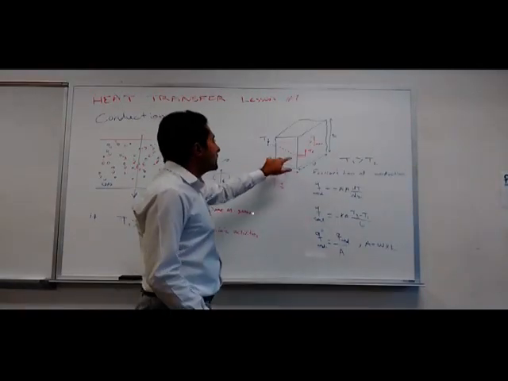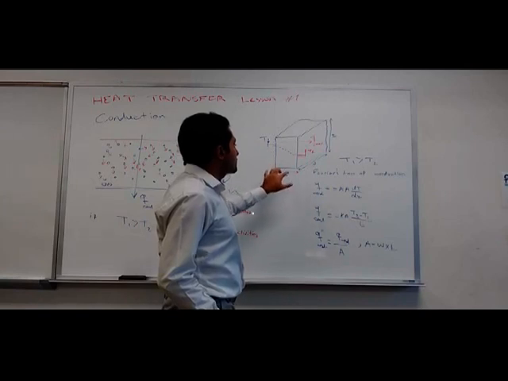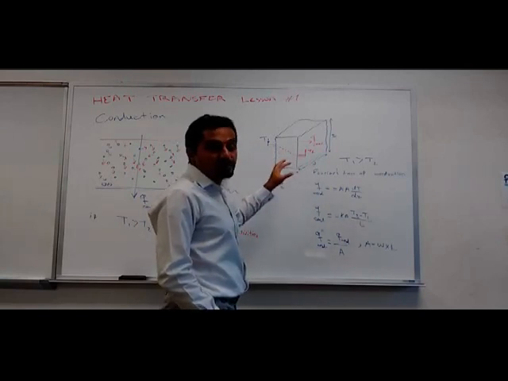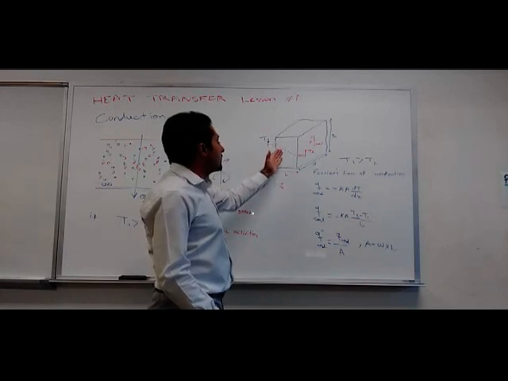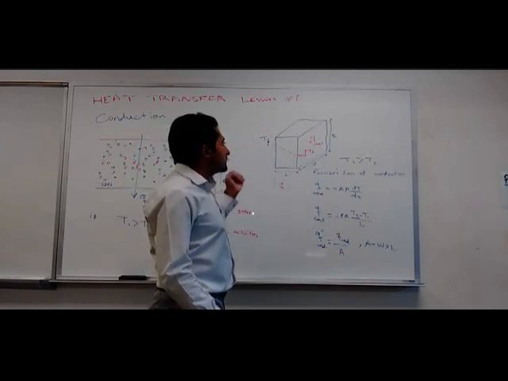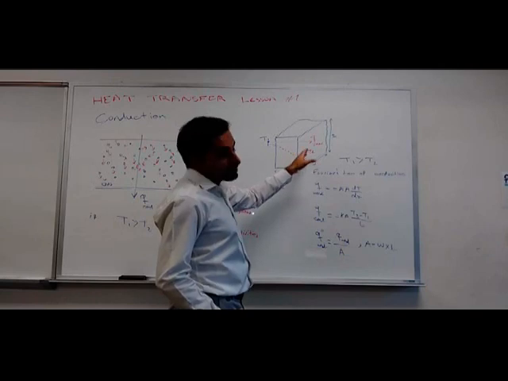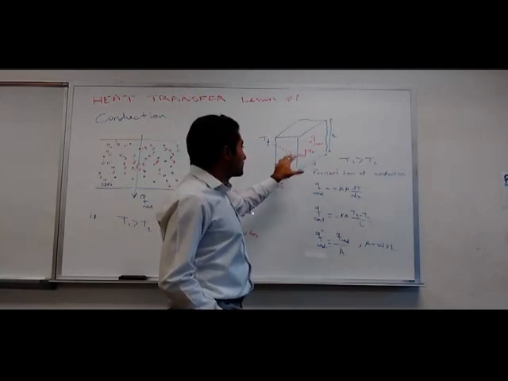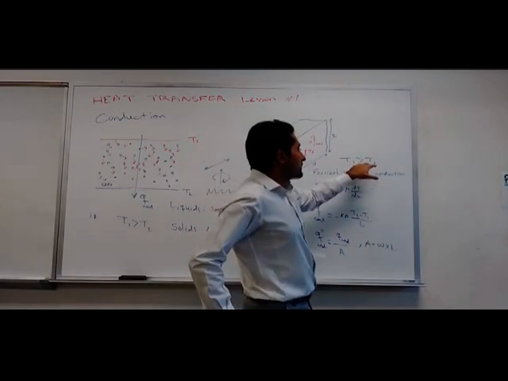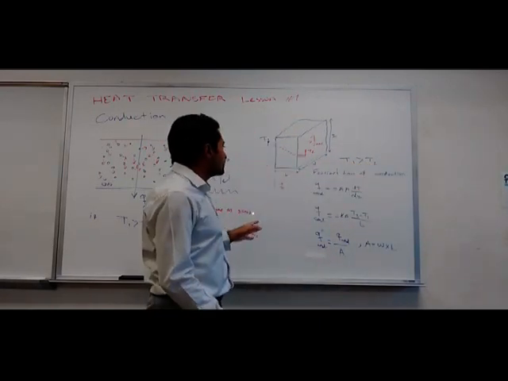Consider a wall with boundaries at different temperatures. For example, the left boundary of the wall is at T1, and the right boundary of the wall is at T2, and T1 is greater than T2.